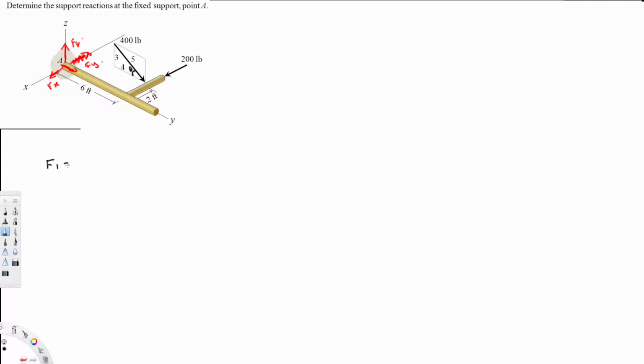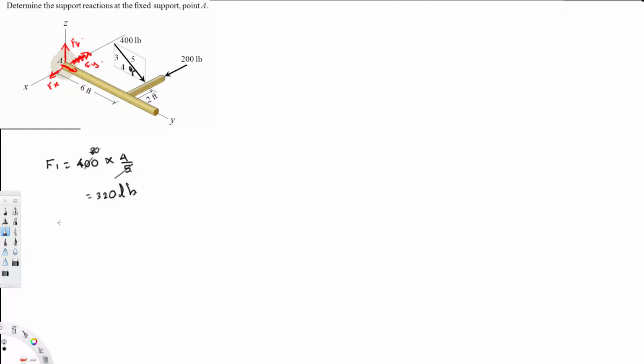Let's call this F1. Therefore, it's going to be 400 times cos theta, which is adjacent over hypotenuse, so 4 over 5. If I calculate this, 80 times 4 is going to be 320, and this is pounds.